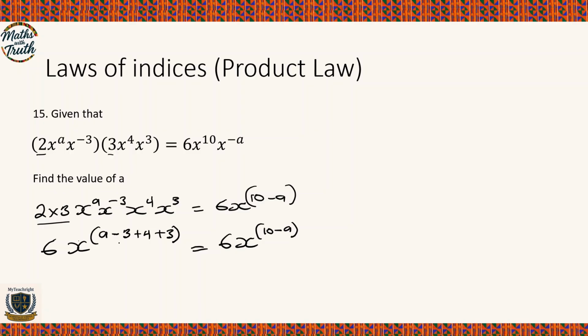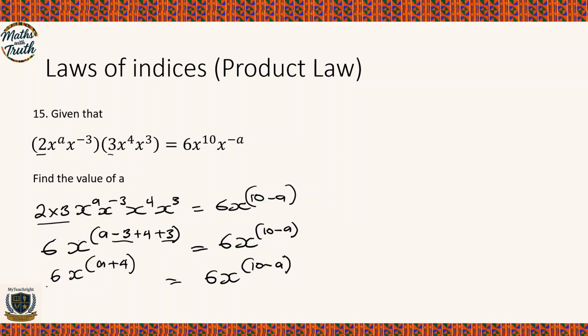Now, this negative 3 and plus 3 will be 0, so that is out. And then we have 6x, here will be a plus 4 is equal to 6x, 10 minus a.